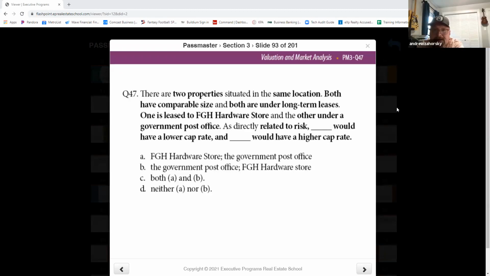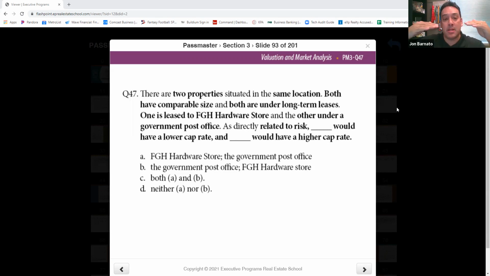So I would have to sell the hardware store at a higher cap rate. That means the potential buyer is going to make more money off that investment, a better return on their money. But if I get a better return, what does that mean? It means I've got to lower the price, right?